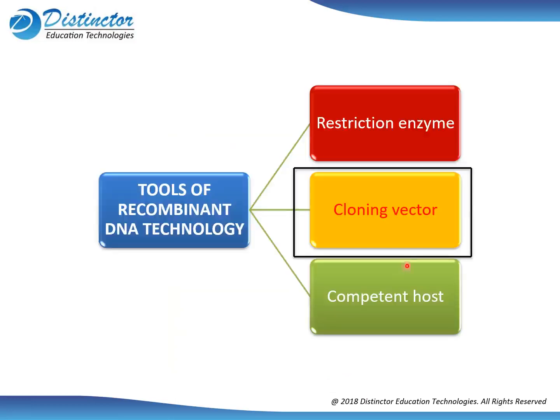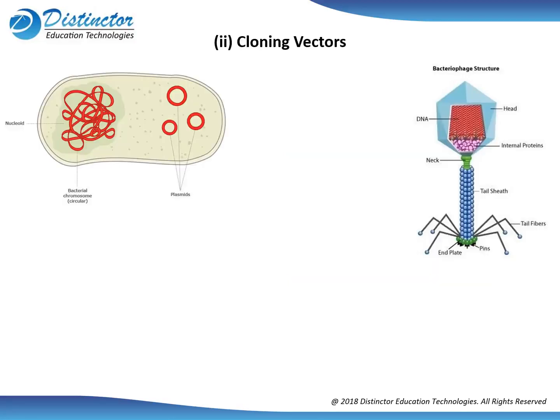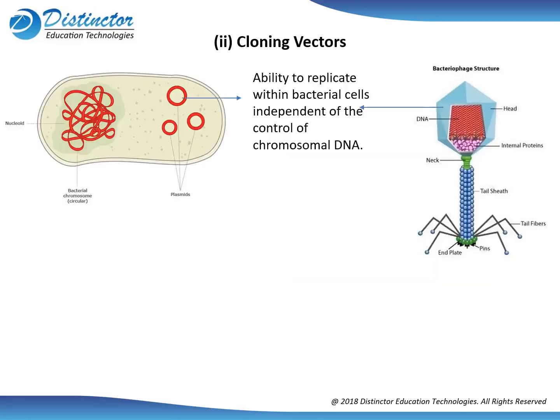Now we are going to move on to the second tool in recombinant DNA technology, that is the cloning vector. So what is a cloning vector? It is called a cloning vector because it has the ability to replicate within a bacterial cell independent of the control of chromosomal DNA.